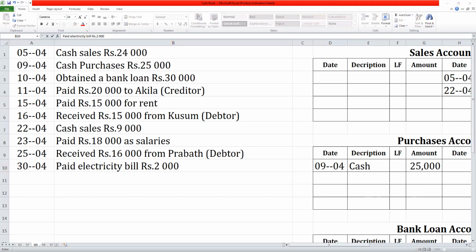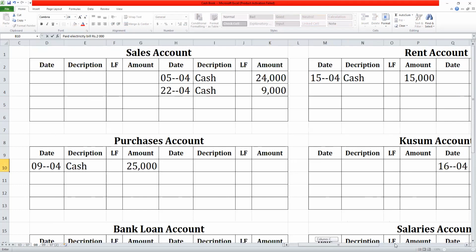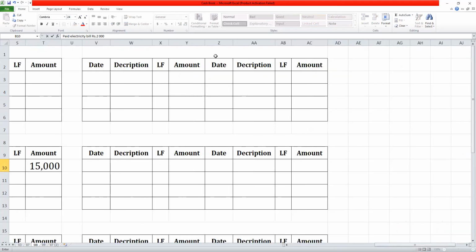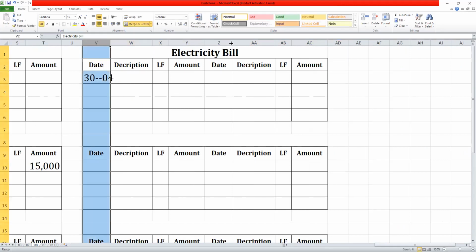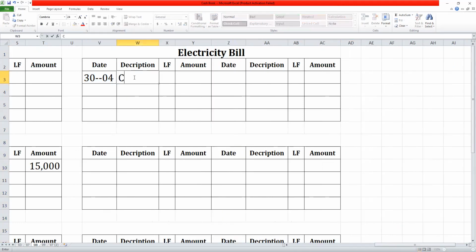Right? Cash book is credited. So we have to debit the electricity bill account, which is an expense. Electricity bill, debit the electricity bill, the date is 30th of April. Cash, 2,000 rupees.